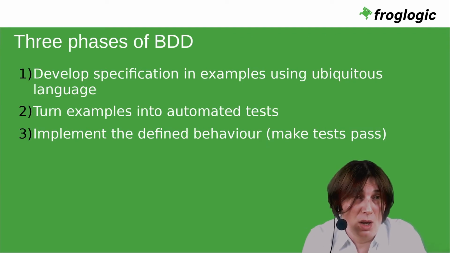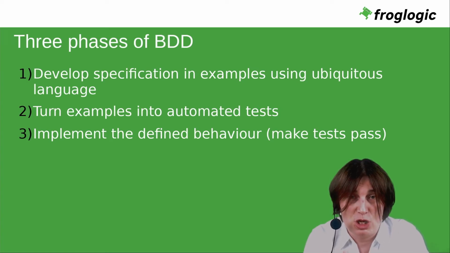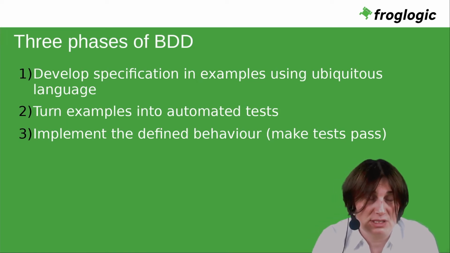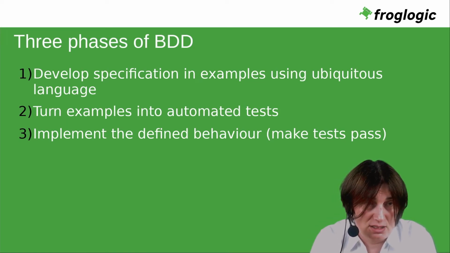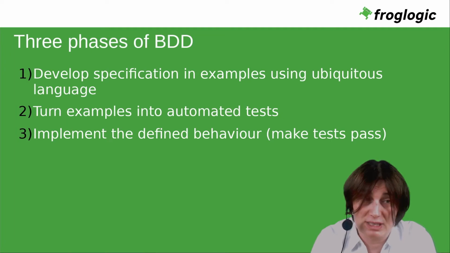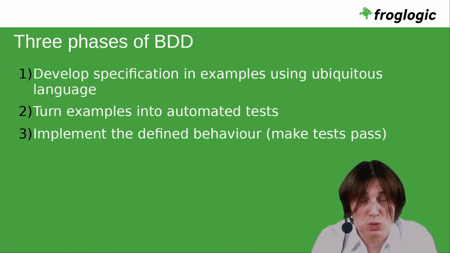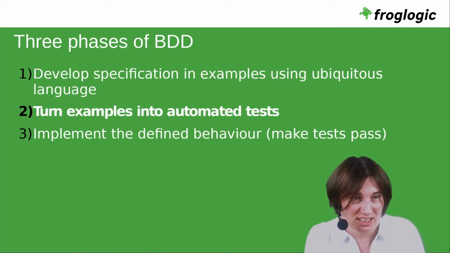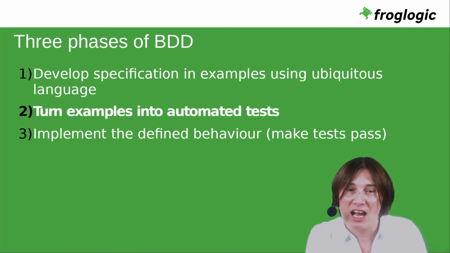So once we got through the first phase, which is developing the specification using extensive examples and communicating in ubiquitous language, it's time for the next step, which is turning those examples into automated tests. Okay, so we turn examples into automated tests. I'm going to switch between my slides and the Squish IDE.